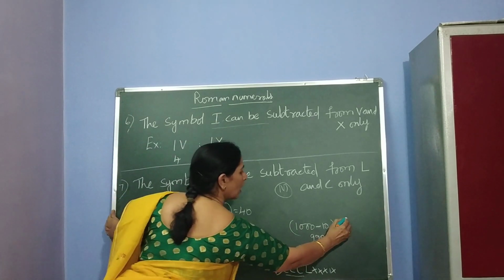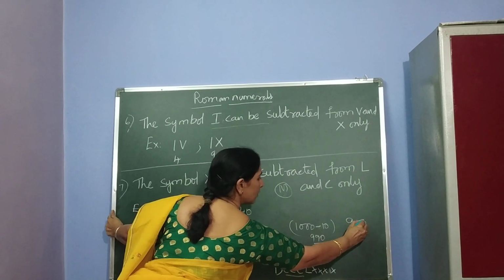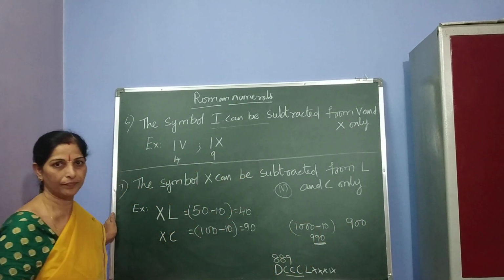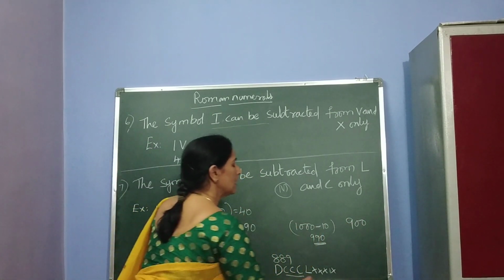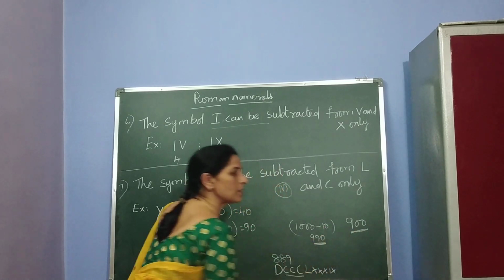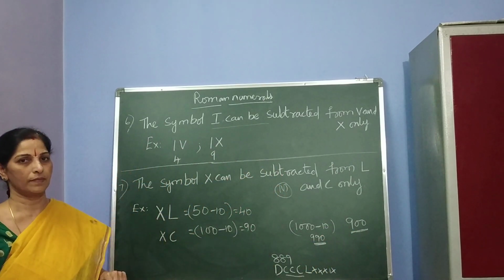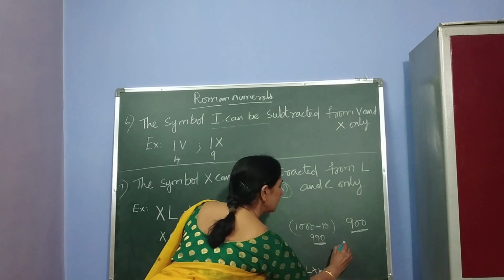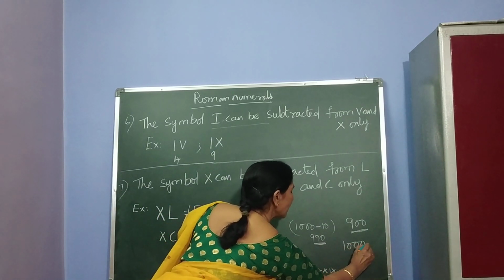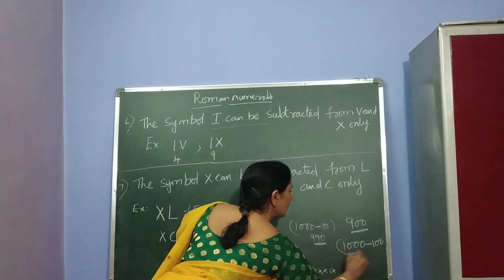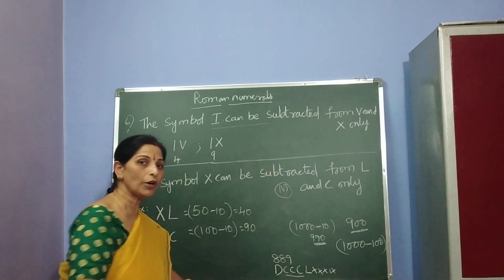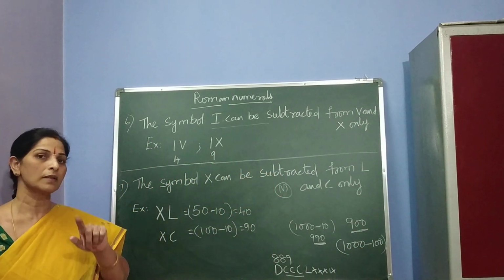So what about the 900? Here I explain about this 900, how to write in the previous rule. Okay, children. This 900 is very closer to 1000. 1000 minus 100. To get 900, what should we subtract from 1000? 100.